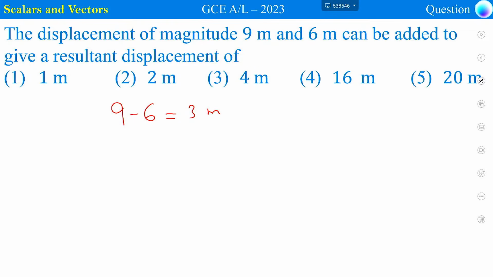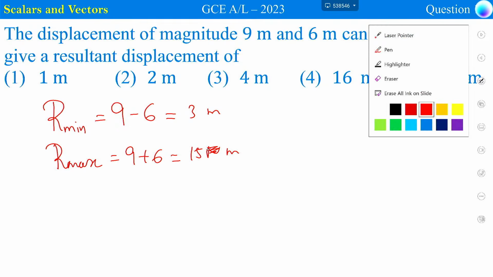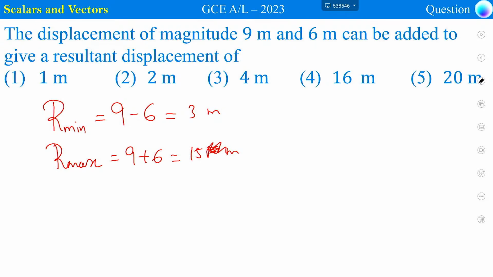This is the minimum resultant. Okay, maximum resultant is 9 plus 6, that is 15 meters. I always write Newton by mistake.